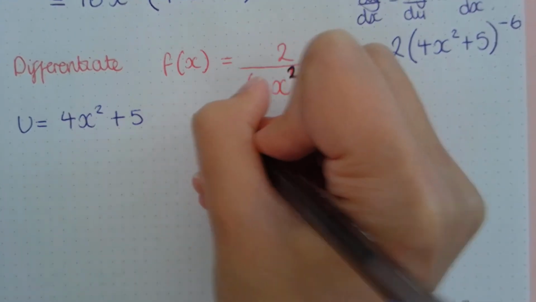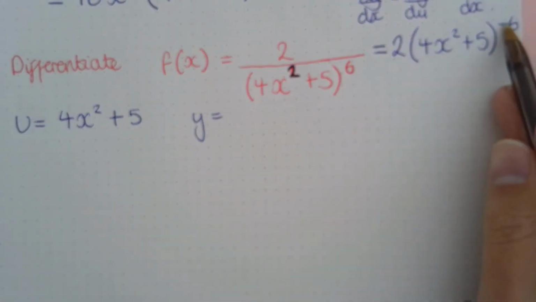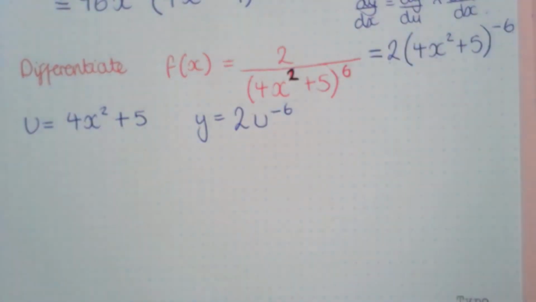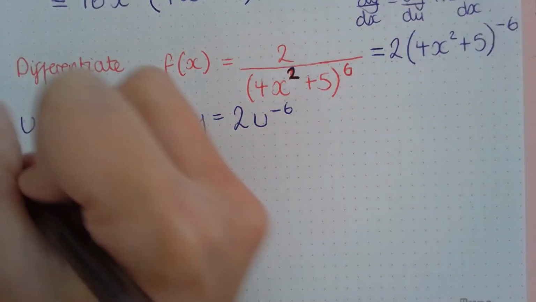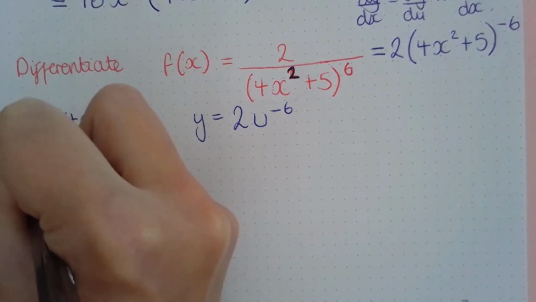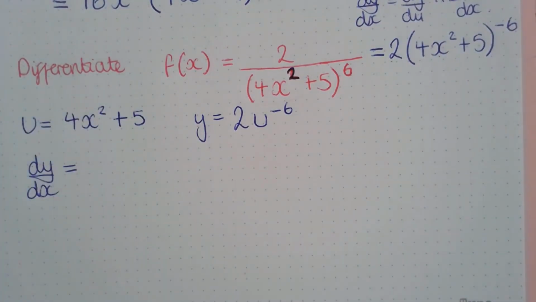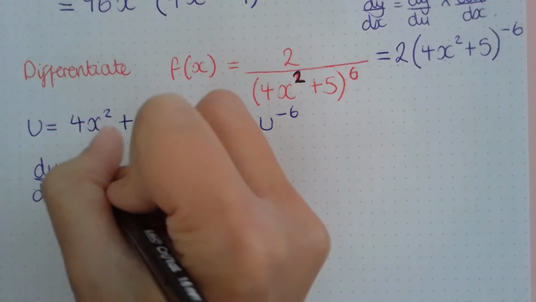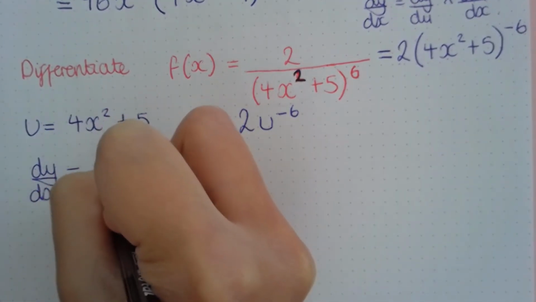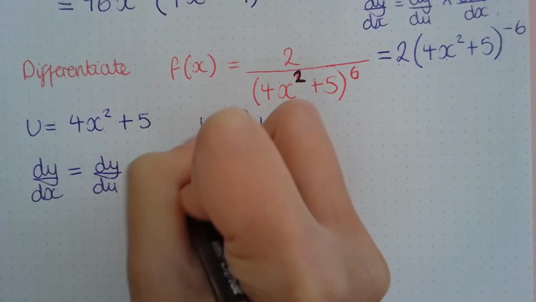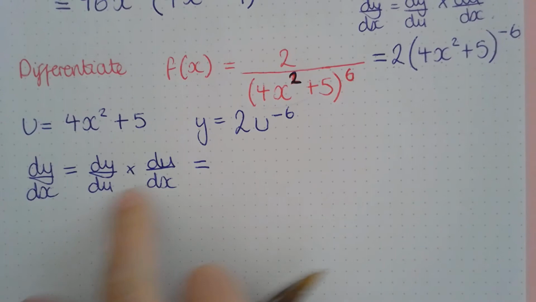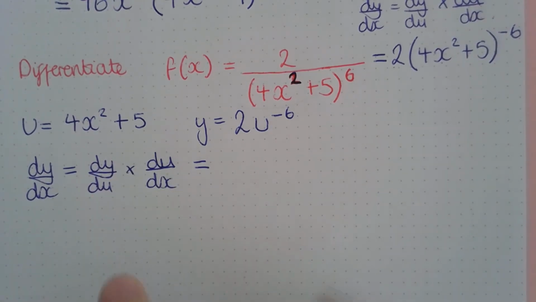My y is now equal to 2 lots of u to the power of negative 6, so 2u to the power of negative 6. So my differential, dy/dx, is equal to, because I haven't been writing it here, it might be useful for you to write dy/du times du/dx first, so that the examiner knows that you know what you're on about.